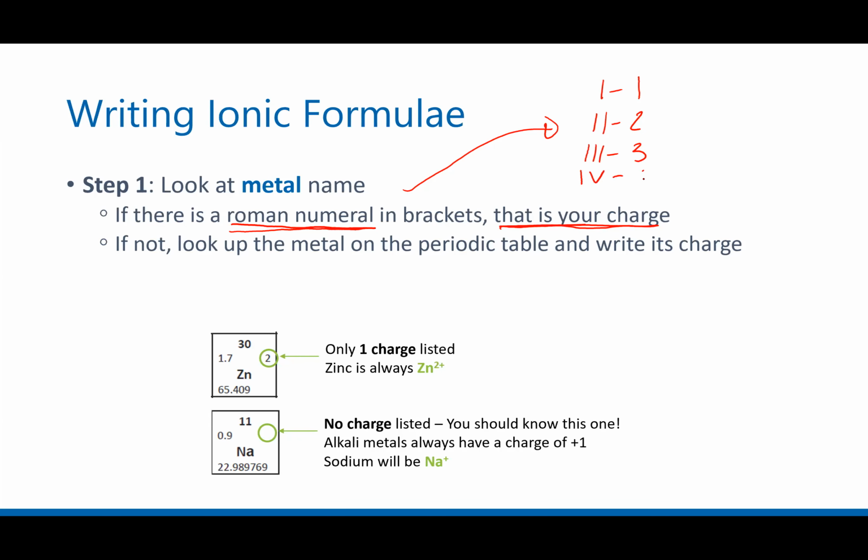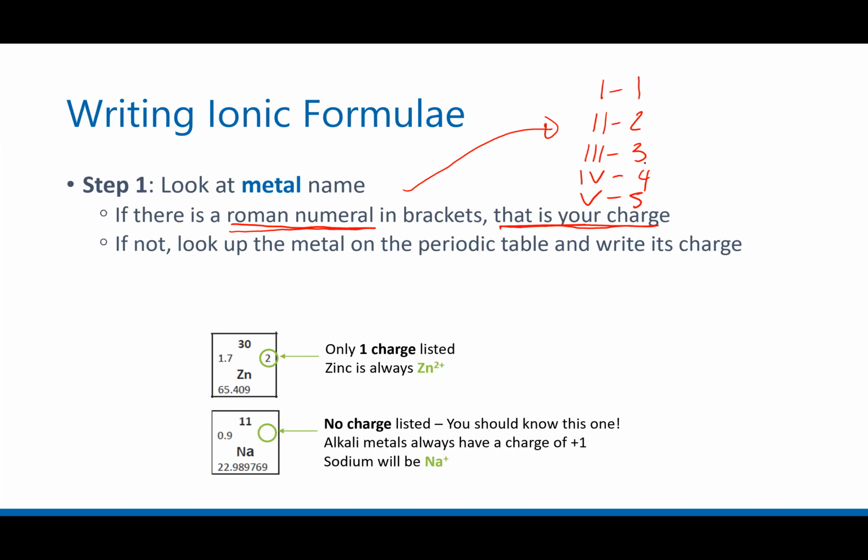It gets a little different with 4, and then 5 is just a V. No idea why they picked Roman numerals. That's just the way it is. So if there are Roman numerals in the chemical name, that is the charge on your metal. If not, you have to look up the metal on the periodic table and write its charge.